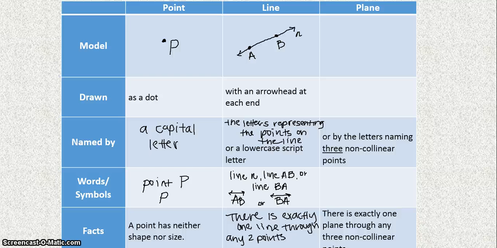All right, over in plane, I don't have any information about how it's drawn, so let's fill that in. It is drawn as a shaded, slanted, four-sided figure. So it'll be shaded, it'll be slanted, and it'll have 4 sides.